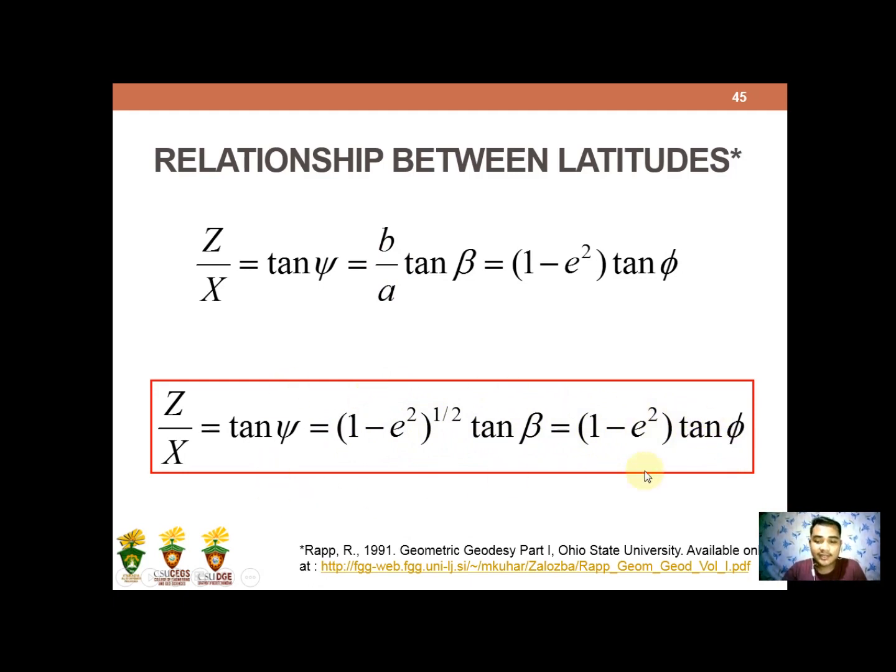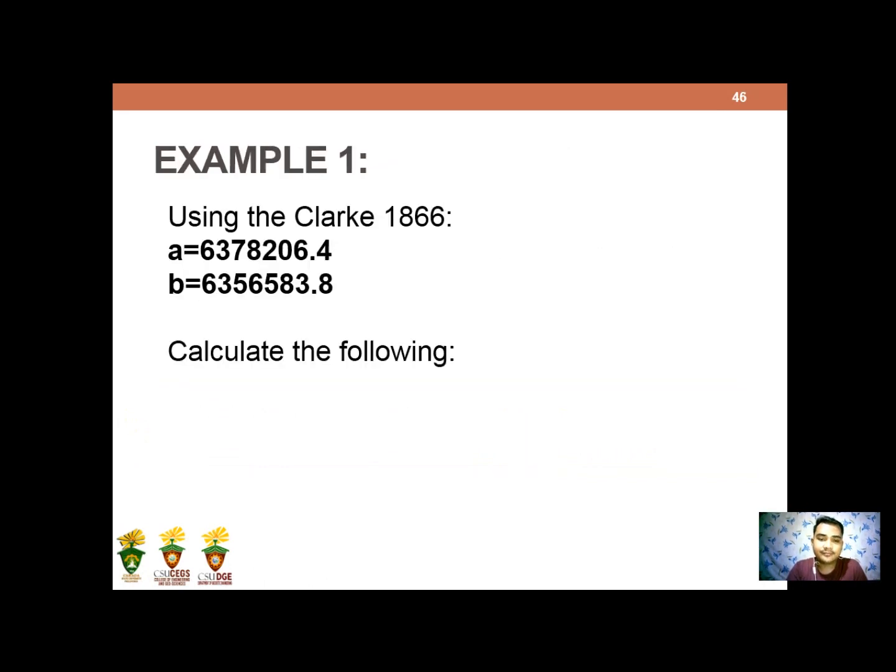So I guess nasabtan na niyo class? So mora po di importante ang ilang relationship between the latitudes. Alright, so let's have an example. Using the Clark 1866, A to be 6378206.4 and B is 6356583.8. Calculate the following.